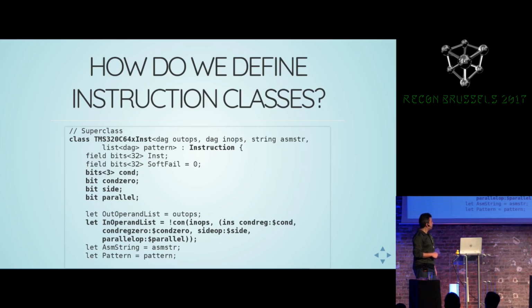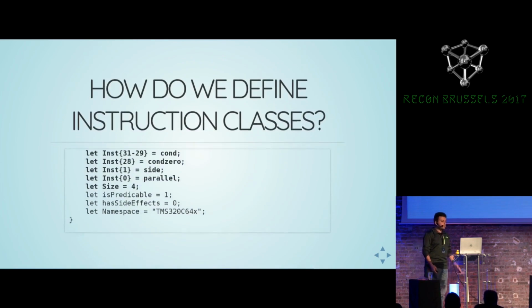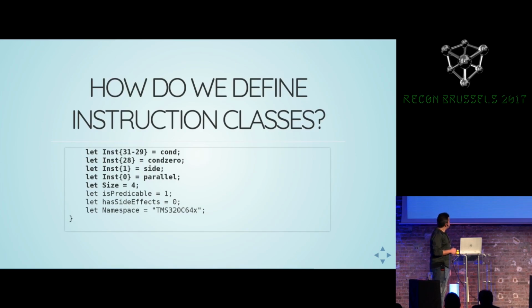We must define the output operands and the input operands over here. All these are considered operands because there's no other way to describe them as inputs to the decoder. And we specify at which bits every operand can be found, the size of the instruction, and some standard stuff.